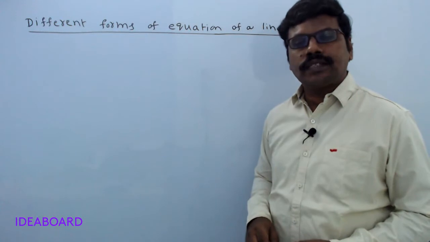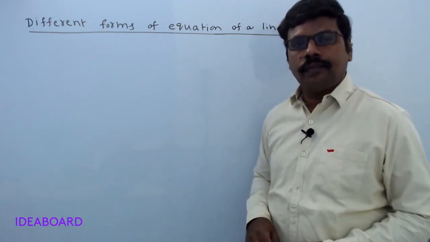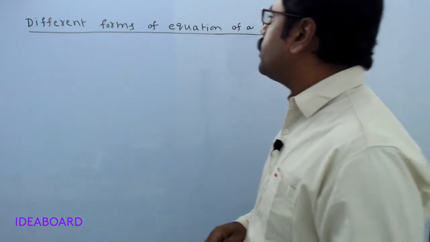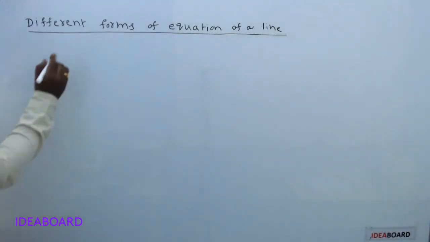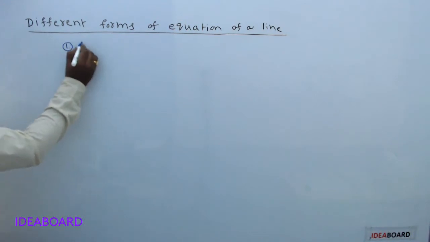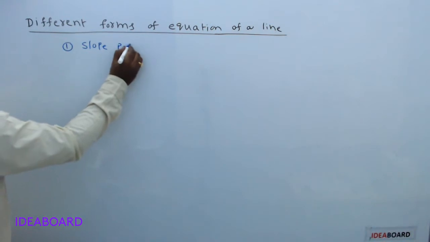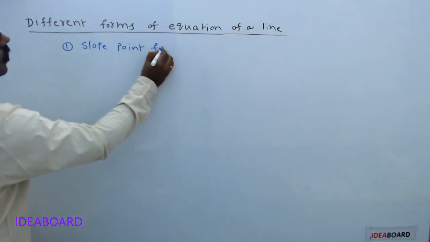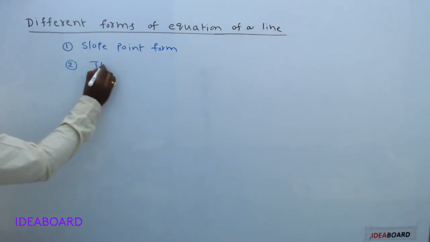Today we are going to discuss different forms of equation of a line. The first form is slope point form. The second one is two-point form.